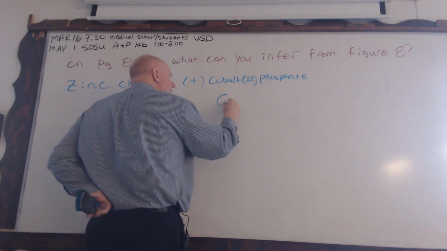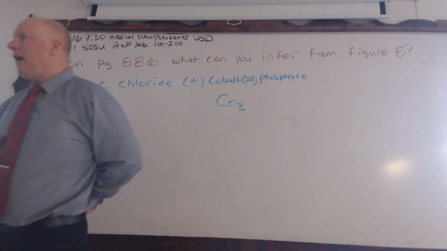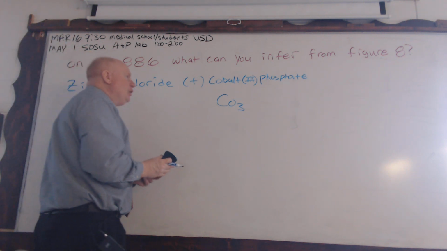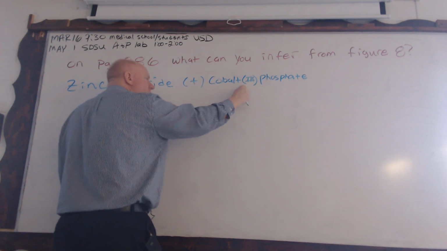Why is that wrong? It's not how many cobalt, it's the charge of the cobalt. We don't have to make you guess what the charge of cobalt is. We are telling you what the charge of cobalt is.